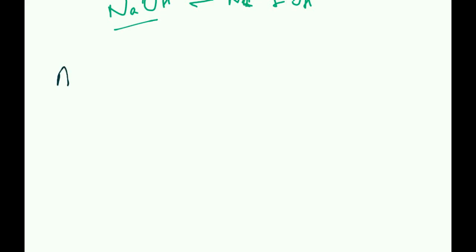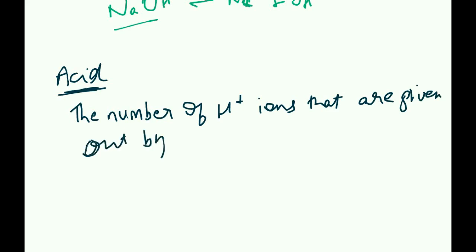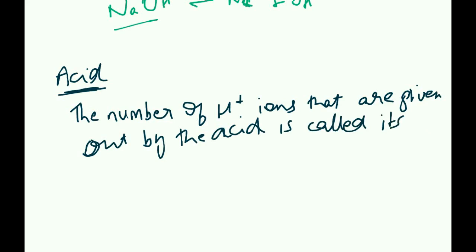Now, for an acid, the number of H plus ions that are given out by the acid is called its basicity.